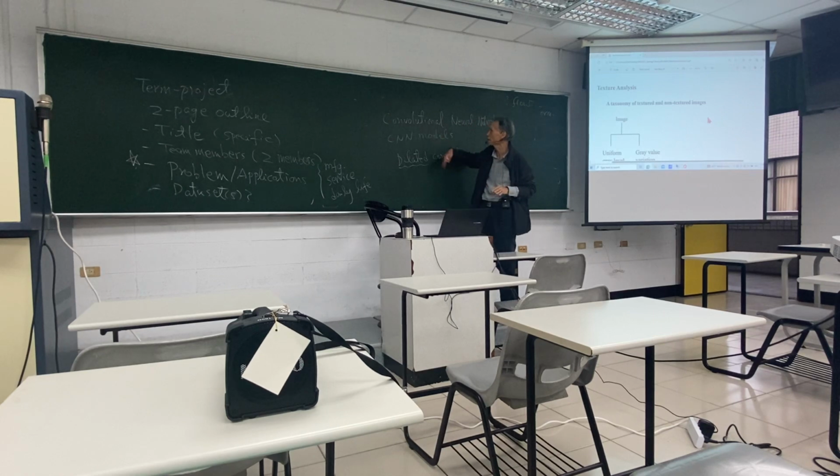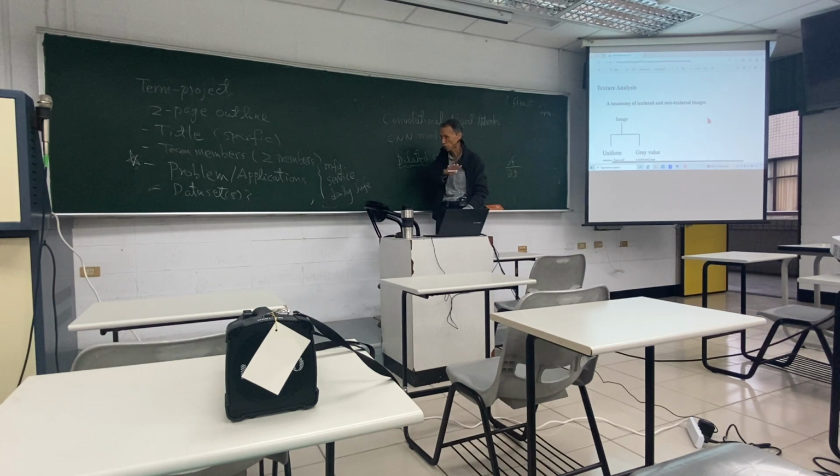Good. Then next week, besides the texture analysis, just bring the CNN material. I will start it first, then go for the autoencoder. Because for autoencoder, as I mentioned, I will also introduce the diffusion and masked autoencoder.